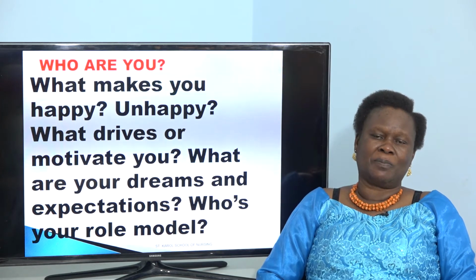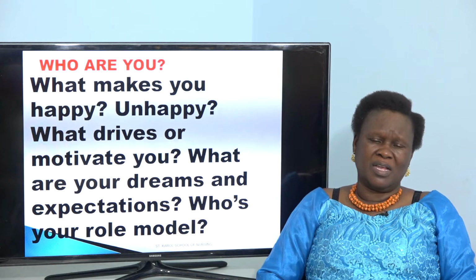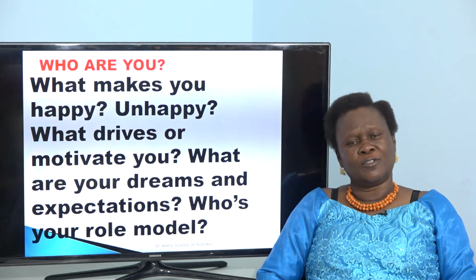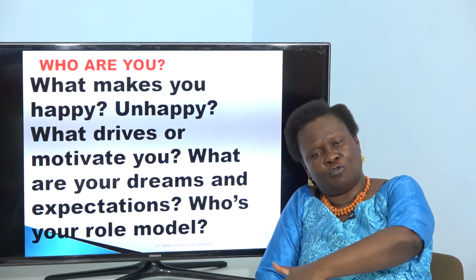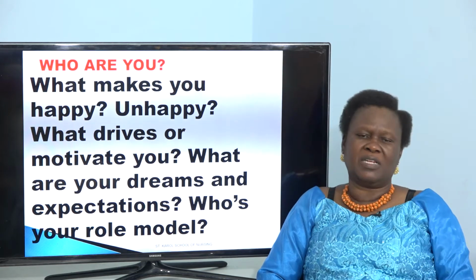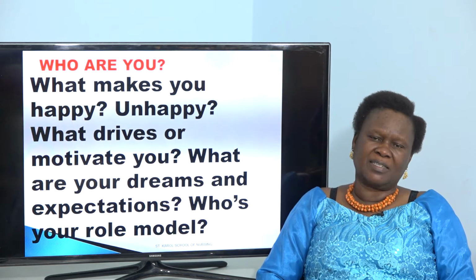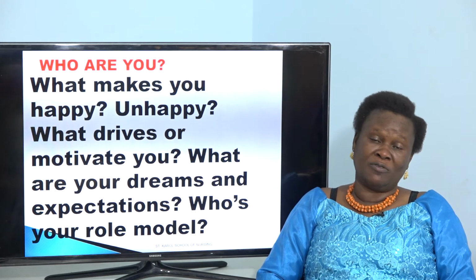And that is a role model. Somebody who has excelled and has done something that you admire and you want to be like. So you would move from where you are on this low level and rise up to be like that person. And that is why you need a role model. That is why you need to have a role model.